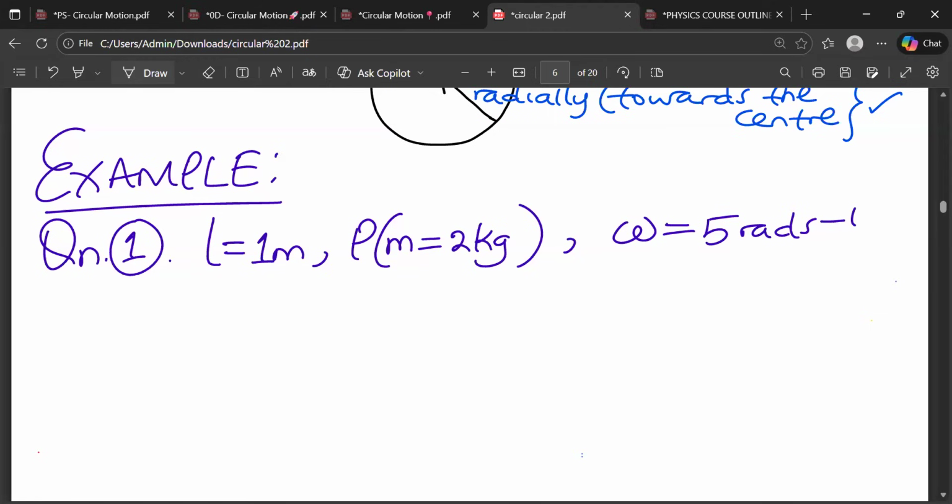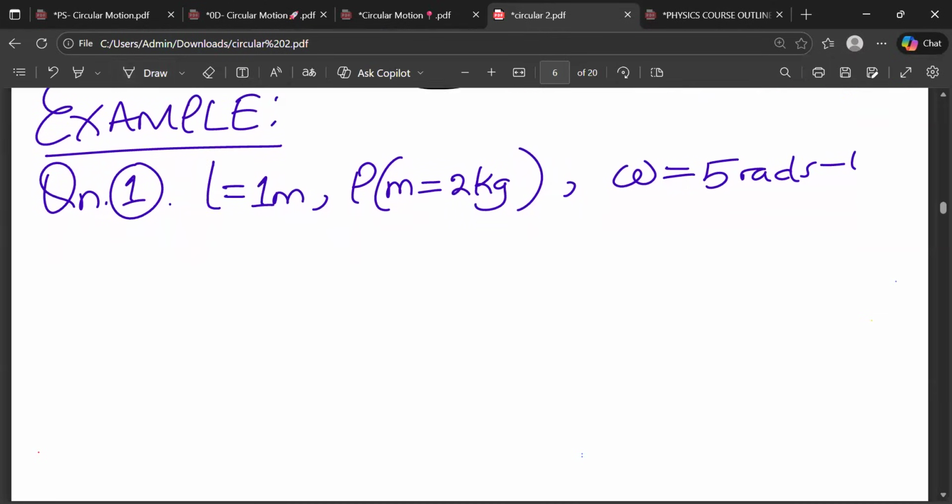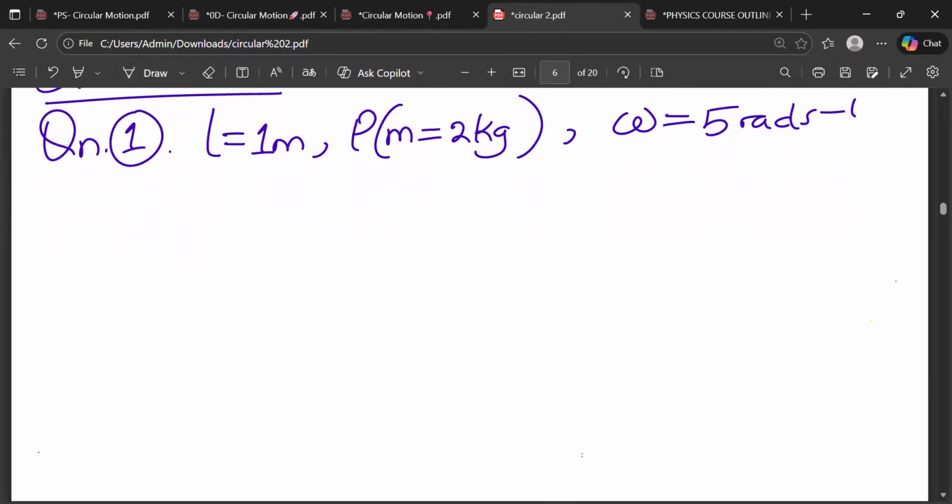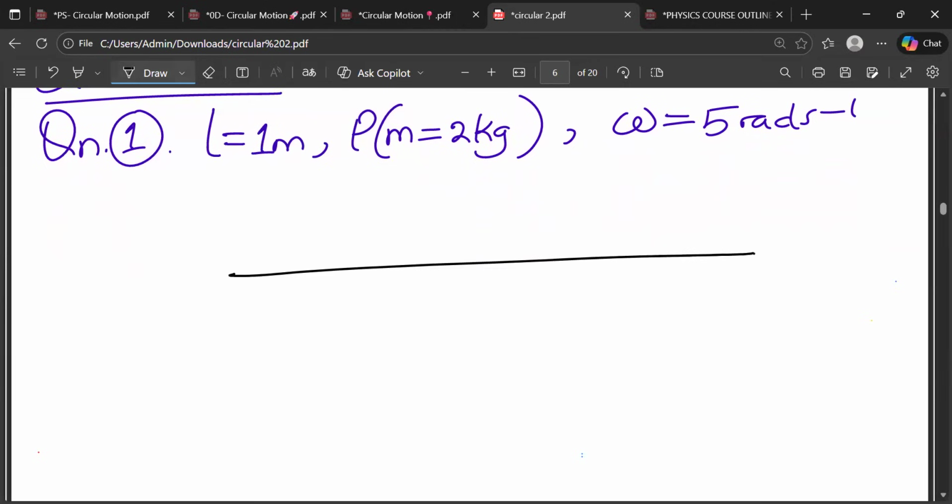Before you even go to other things, let's first sketch. So how do you realize you're dealing with motion in a horizontal circle? When they mention smooth horizontal table, you come and draw the smooth horizontal table. You know that.